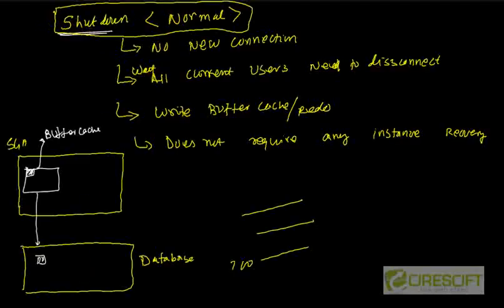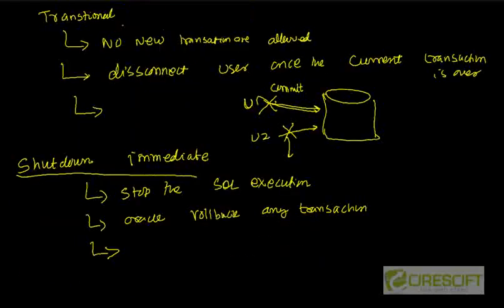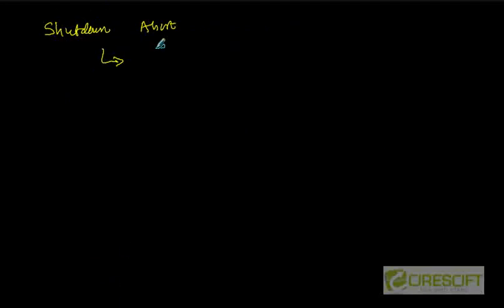The last one is called shutdown abort. If nothing works out, if shutdown normal, transactional, and immediate didn't work and the database hangs, then probably the best way is to go for shutdown abort. In shutdown abort, the instance is terminated abruptly.